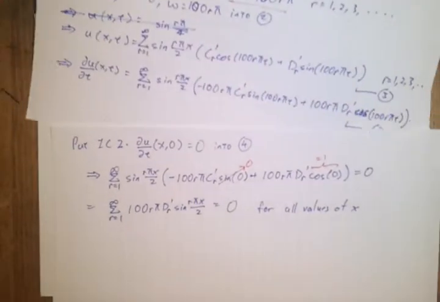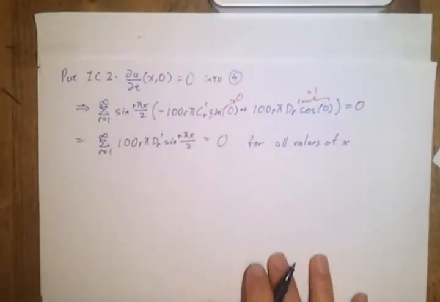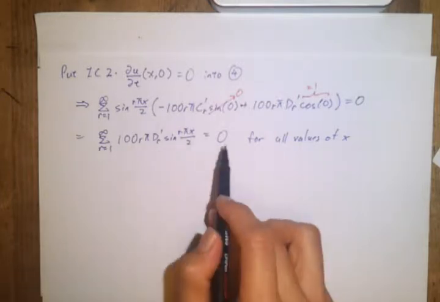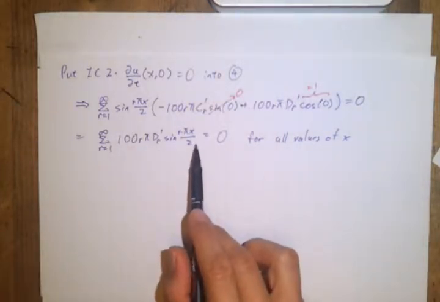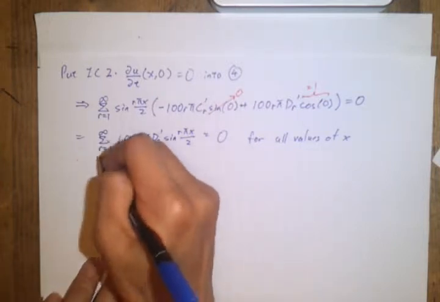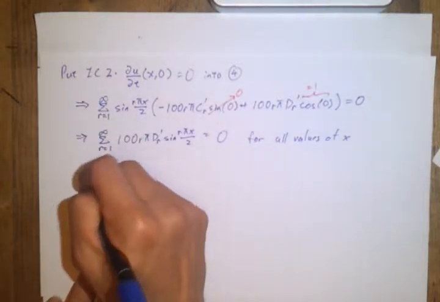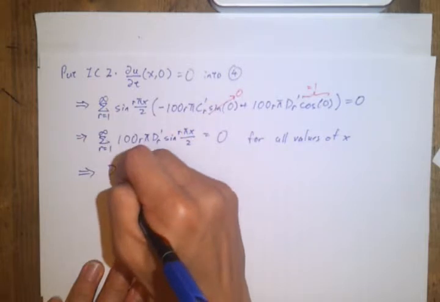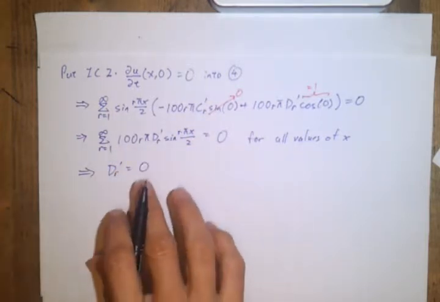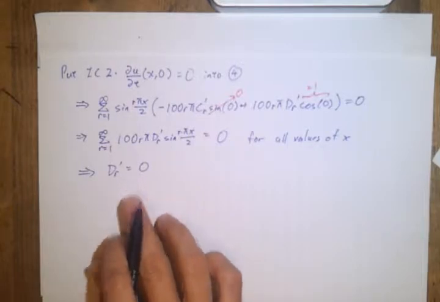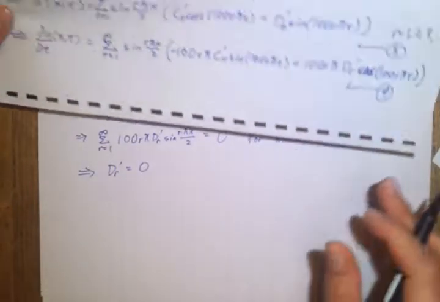So how do you make the left hand side equal to 0 regardless of the value of x? There's no choice. It means that your d r prime have to be 0. If your d r prime is equal to 0, you can now see what happens to your solution.